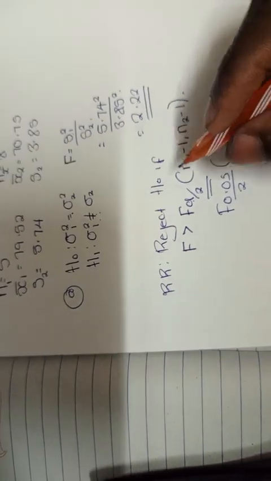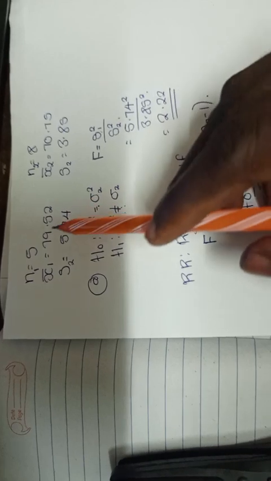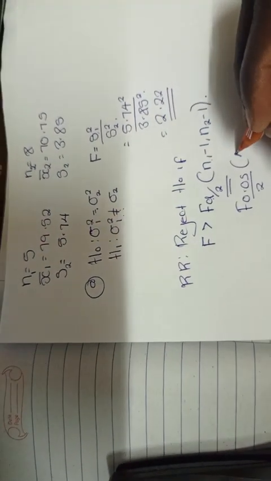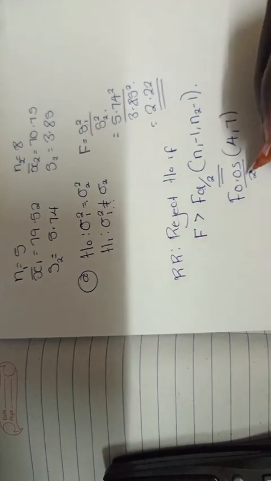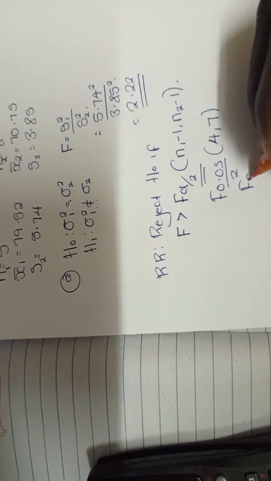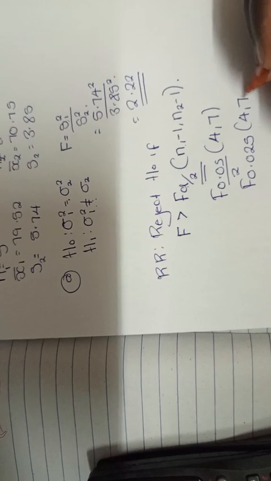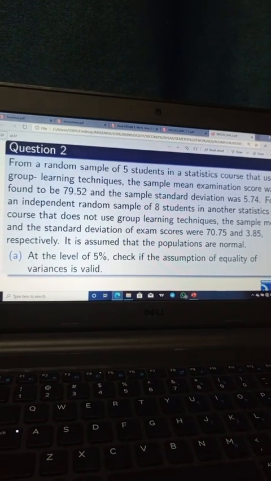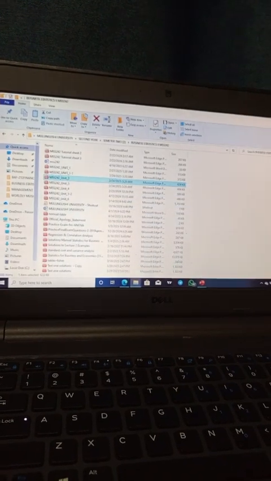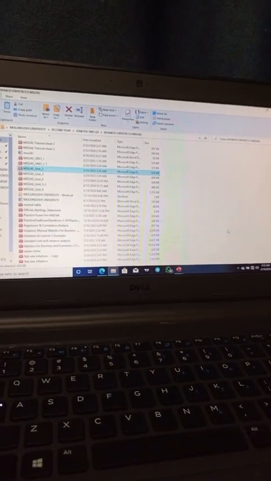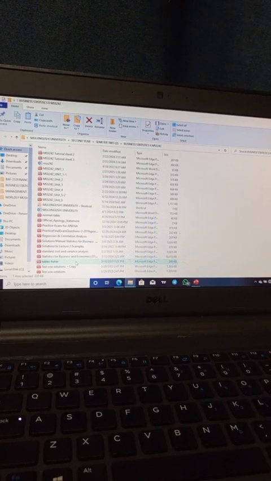Remember, n1 is 5, so as per study you say 4, 7, and when you divide, alpha gives you 0.025, with 4, 7. Then from here, we go to our Fisher table.